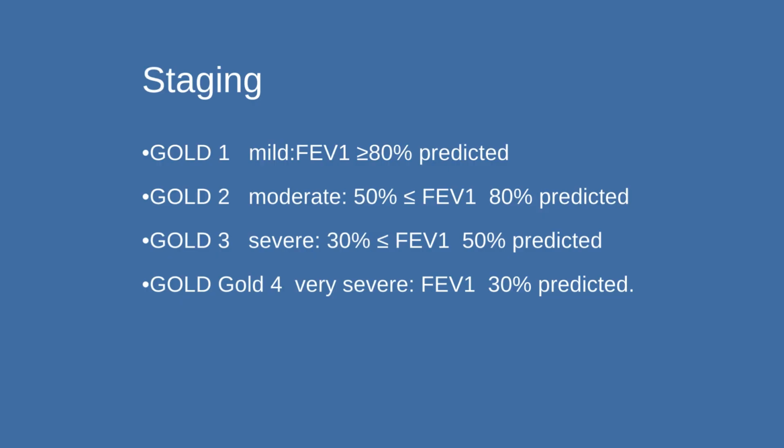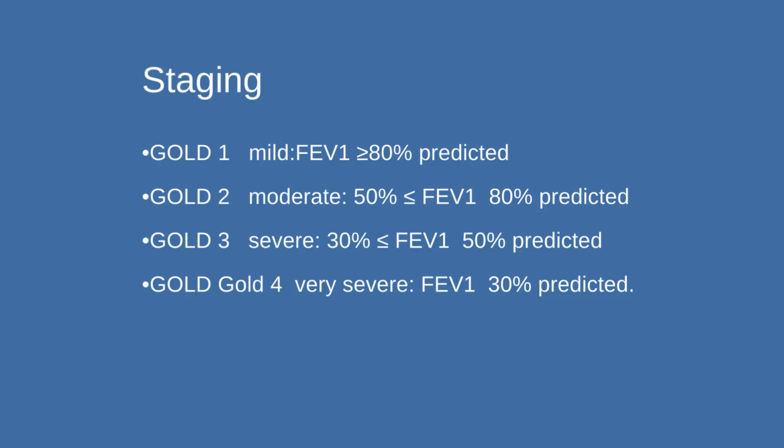So once diagnosed with COPD, they look at your FEV1 to determine what stage you are. They call it the GOLD standard staging for COPD. FEV1 above 80% of predicted is considered a mild case.